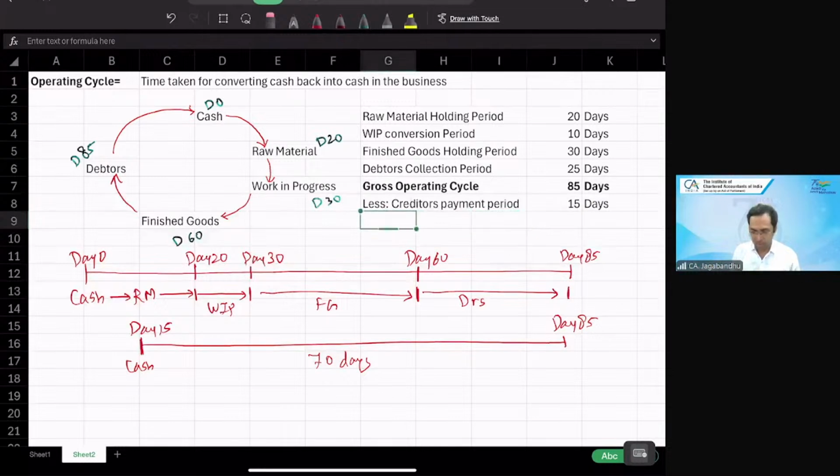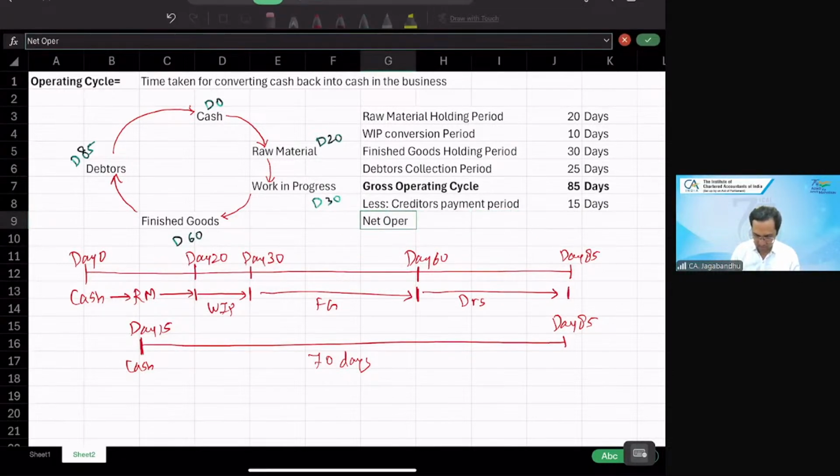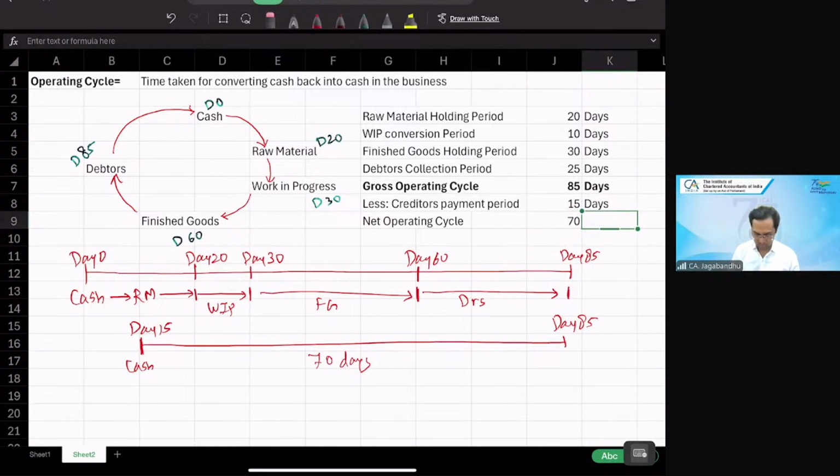Right. So net operating cycle finally can be computed as the difference between these two, which is 85 minus 15, or we can say 70 days. So net operating cycle is going to be 70 days.